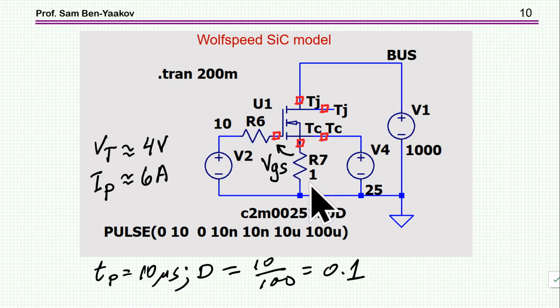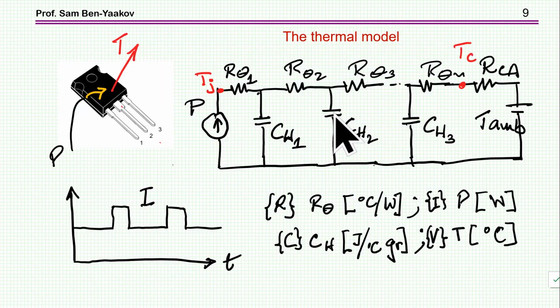And here I am showing a transistor, this transistor, 25 milliohm, 1200 volt. And you just put it in as a regular model, in this case in LTspice. And the difference is that now you're getting two additional outputs. One is the case temperature and one is the junction temperature. These are coming out of here.